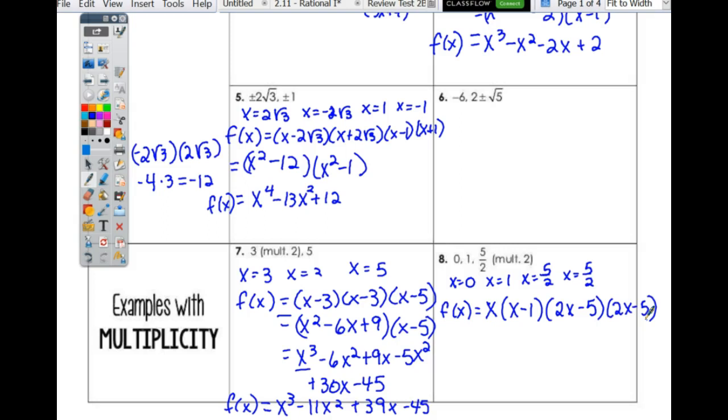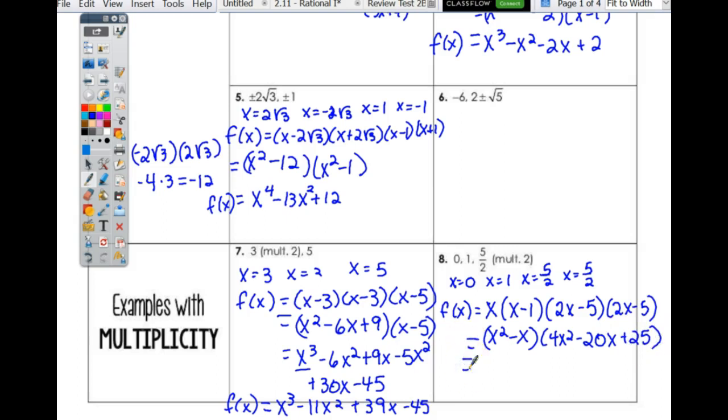I would multiply x times x and get x squared minus x. I would multiply these two together then, which will give me 4x squared. The middle term, minus 5 times 2 is negative 10. Negative 10 is minus 20x plus 25. And then multiply this times this.